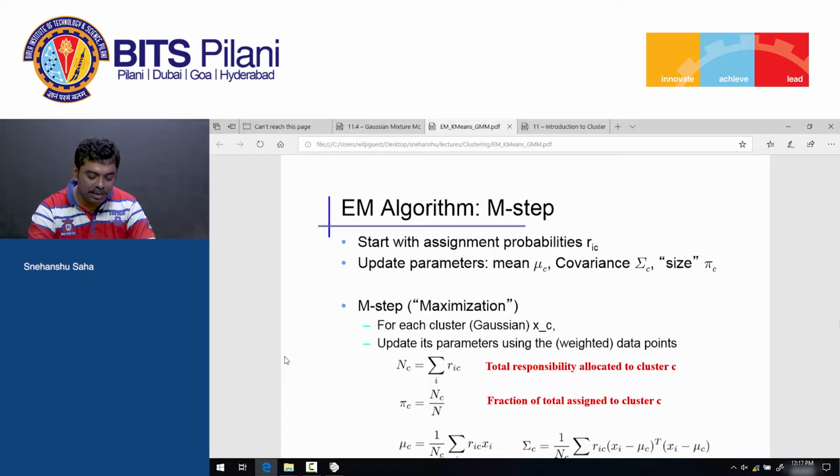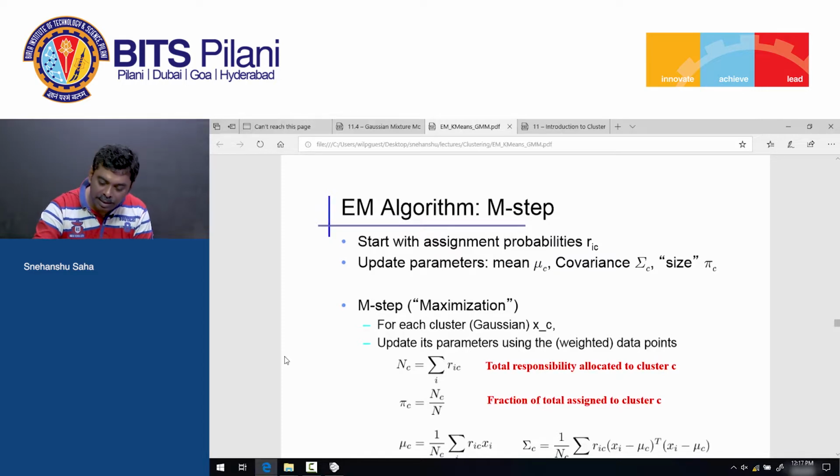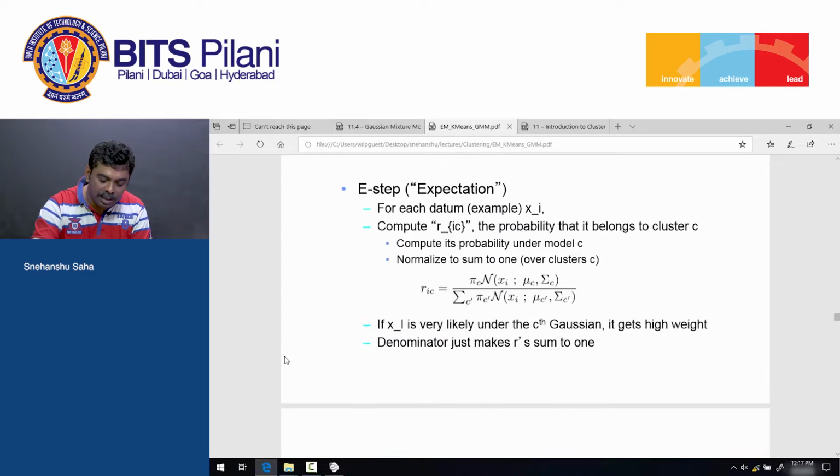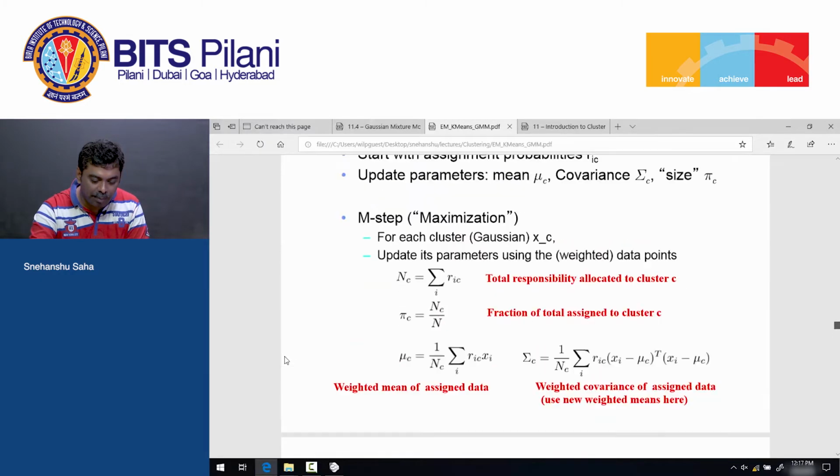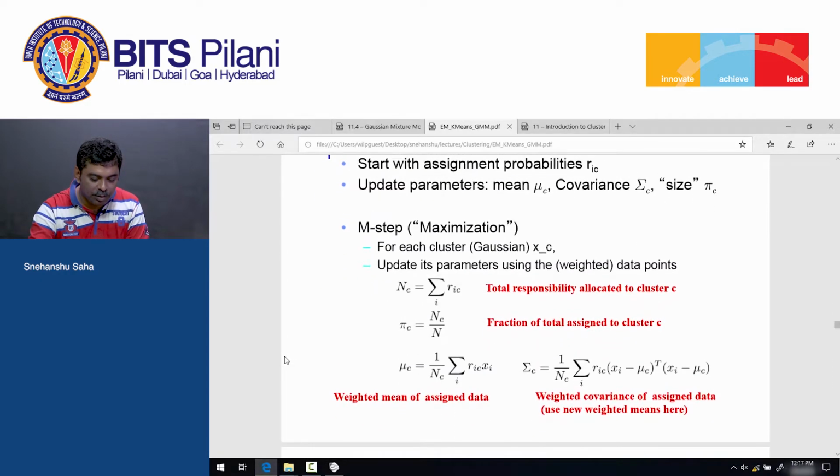The parameters that you are going to use are n, pi c, mu c, and sigma c, so you need to update these. When you update the parameters, you can compute the total responsibility allocated to a particular cluster, which is N c, and then the fraction of the total assigned to a cluster.